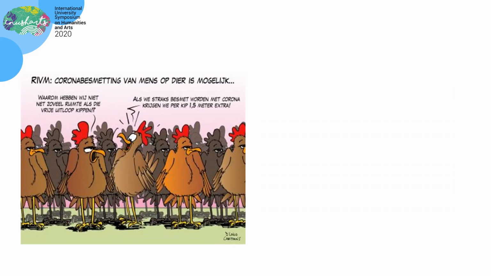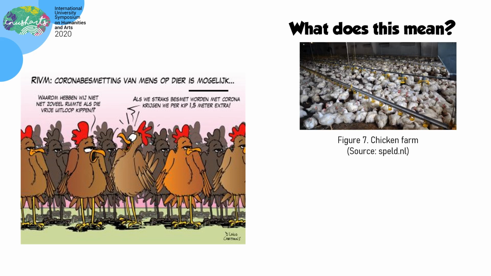These are roosters drawn by Koster. One of them talks to one another, asking why there is only little space, unlike free-range chicken or roosters, which are permitted to live outdoor. The other answer is they have the possibility to spread the virus.